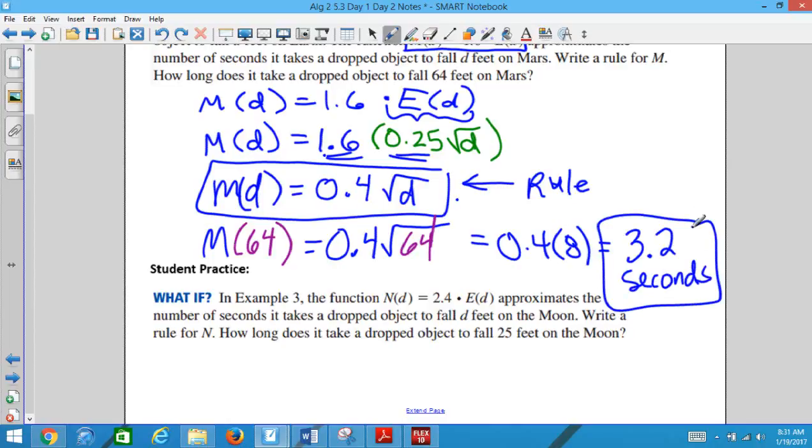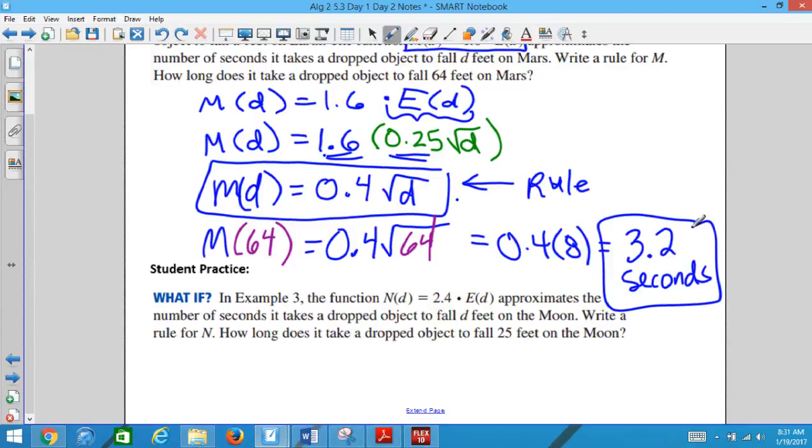So now the second question. In example 3, the function n of d equals 2.4 times e of d approximates the number of seconds it takes a dropped object to fall d feet on the moon. Okay. Write a rule for n. How long does it take a dropped object to fall 25 feet on the moon? So you do kind of the same thing.